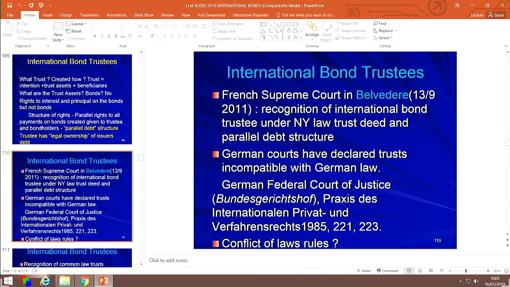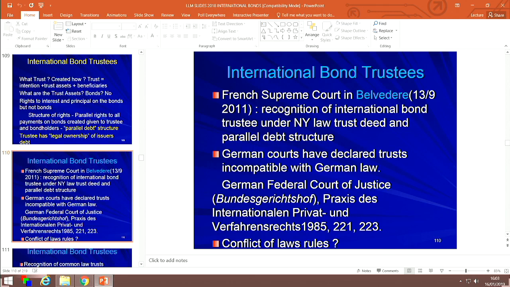But that's just France. German courts have refused to recognize trustees because, according to the German courts, trusts are incompatible with German law. And the case is up there for those of you who are German lawyers who want to go look it up.